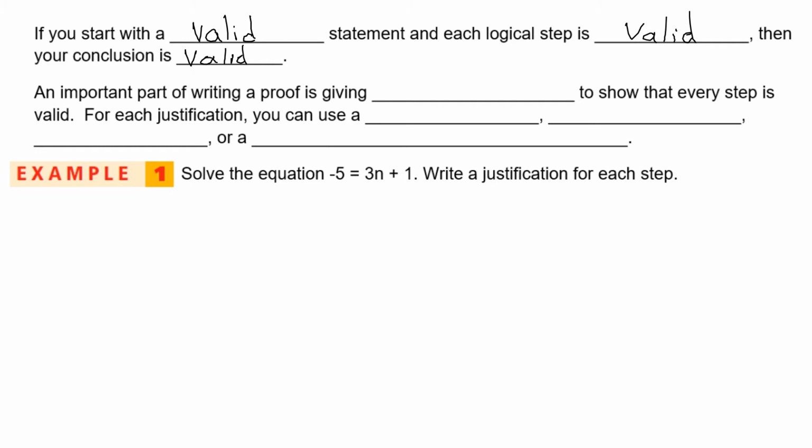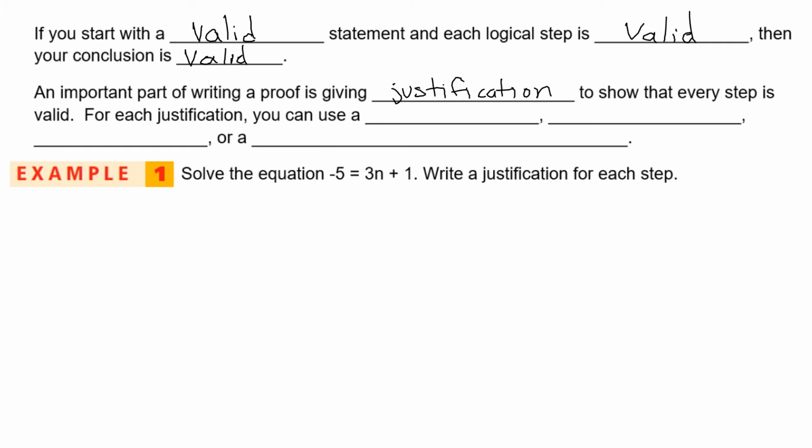So make sure that everything you're doing is correct, and then your conclusion will also be correct. So an important part of writing a proof is giving justification. And you have to give justification for every step.